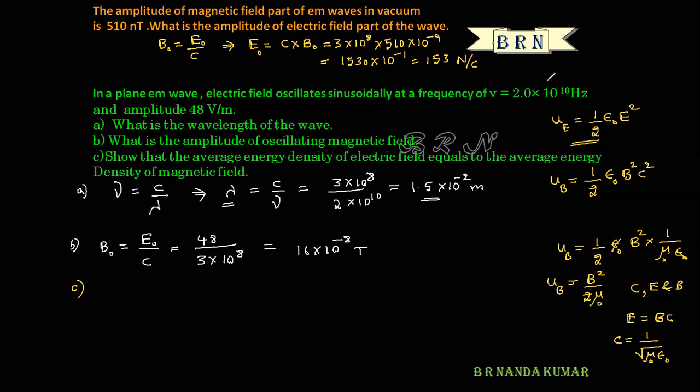The energy density of the electric field is half epsilon naught E square. Call this equation number 1. And the energy density of the magnetic field, B square divided by 2 mu naught, call this equation number 2.